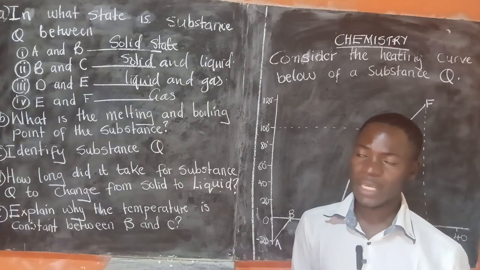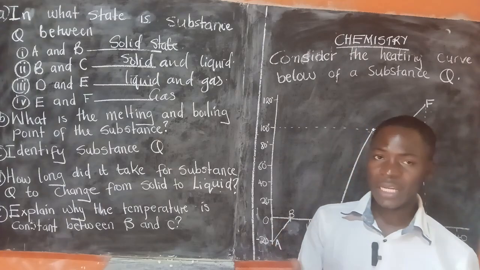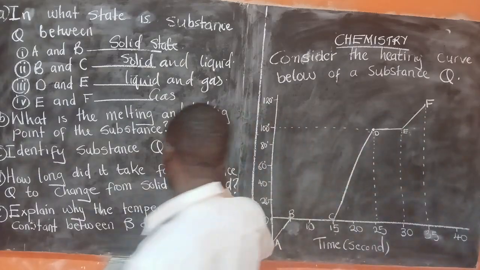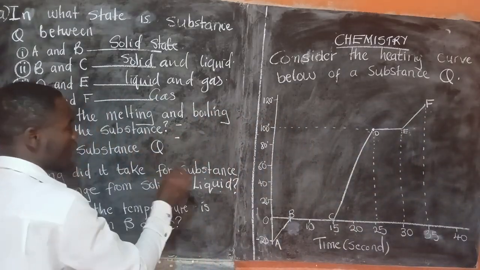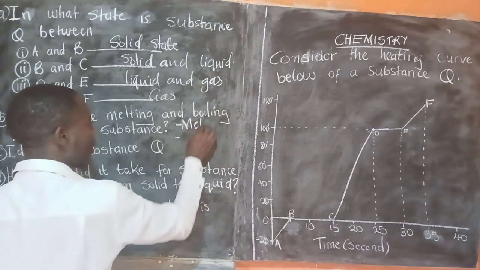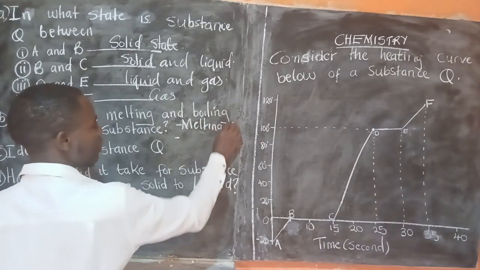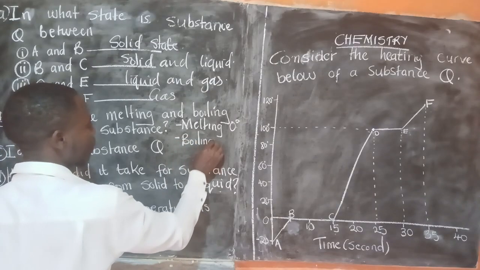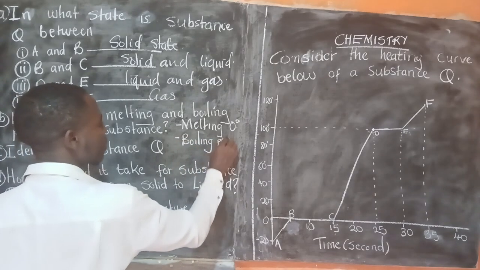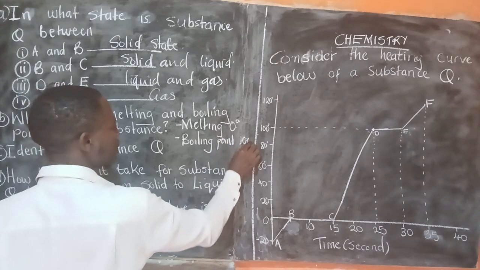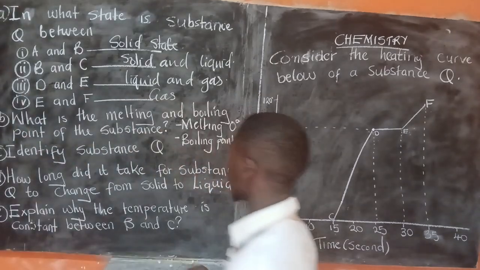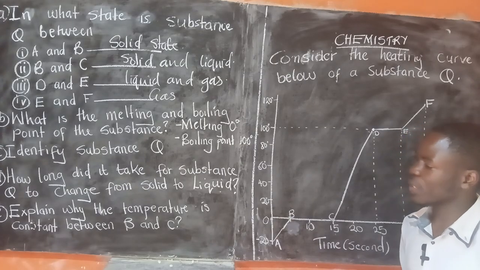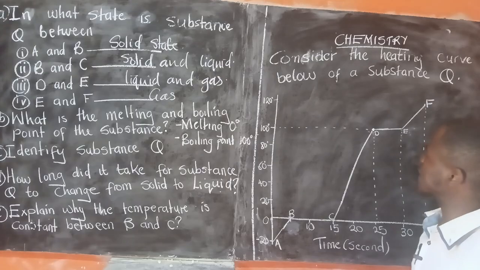Then the boiling point of pure water is 100 degrees. Okay, so the normal melting point is 0 degrees, and the boiling point is 100 degrees. So for the water to begin to boil, it needs to reach 100 degrees.